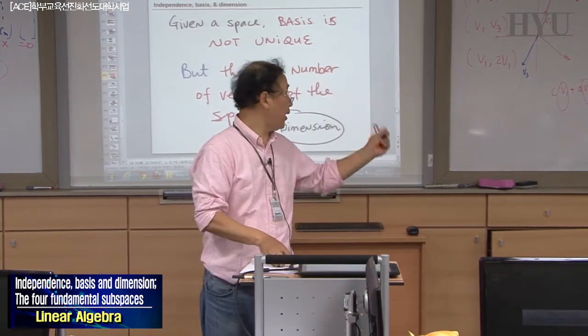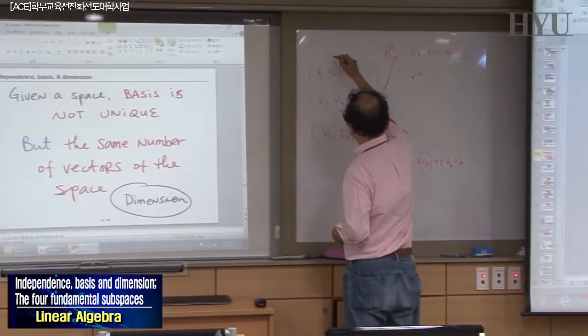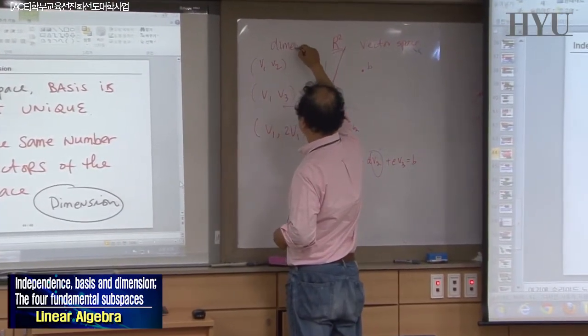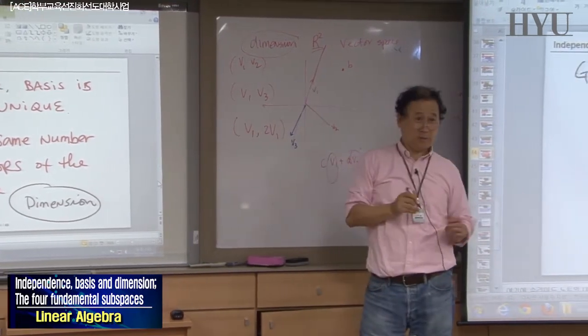When you have a number of basis vectors, this is the minimum, right? So we call that the dimension. Definition: dimension. So in this case, the dimension is 2.